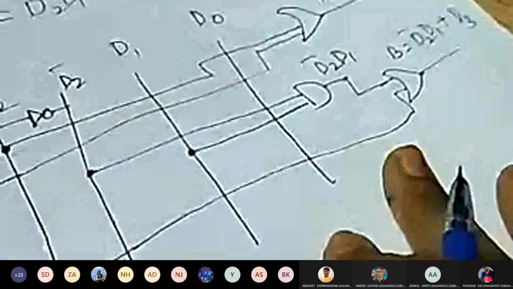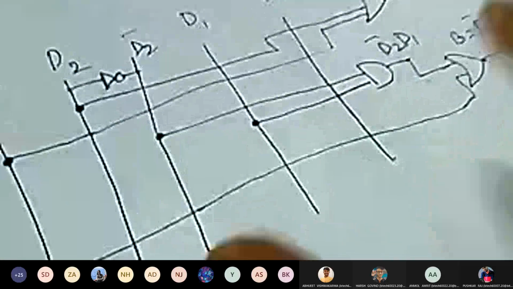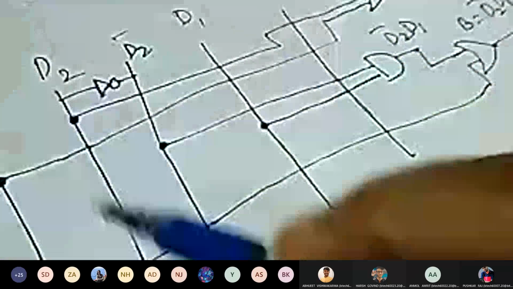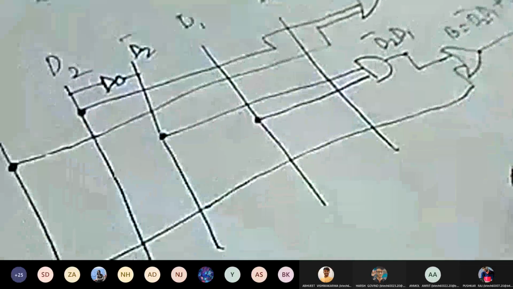Is it clear now? Is it clear to everyone? Yes, ma'am. So this is your total circuit of your priority encoder. Is it clear now? How you have done? Yes. So this is your priority encoder diagram.